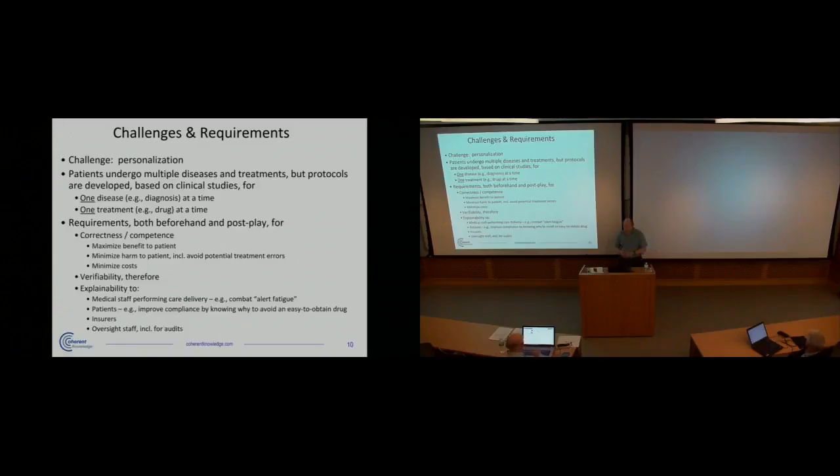Now, so you have requirements that are challenging to meet in terms of correctness and competence to maximize benefit, minimize harm, avoid potential errors, which is a big problem in medical, and to minimize costs as well. And so there's verifiability around that, but also explainability is crucial because the staff get educated as they do stuff. You want to empower them, including non-doctor staff.